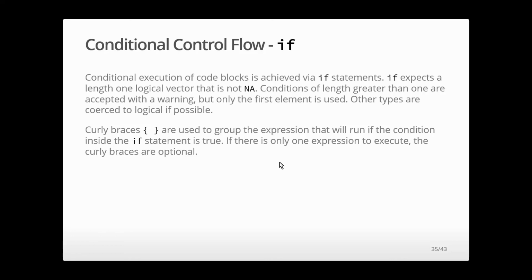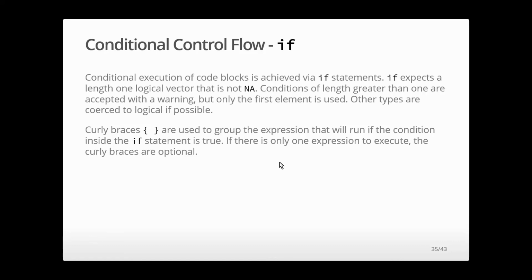So, the most important conditional ever in programming is the if statement. It says run this code only if the condition for the if statement is true. If that condition is true, then the stuff in the curly braces is executed. Otherwise, the stuff in the curly braces is not.